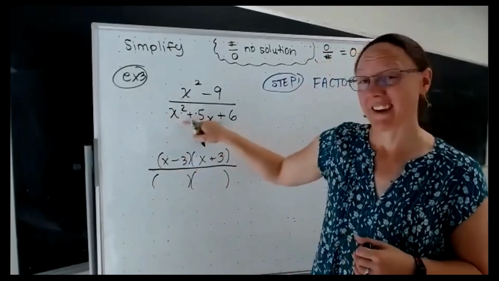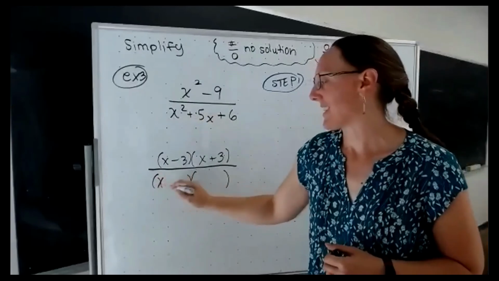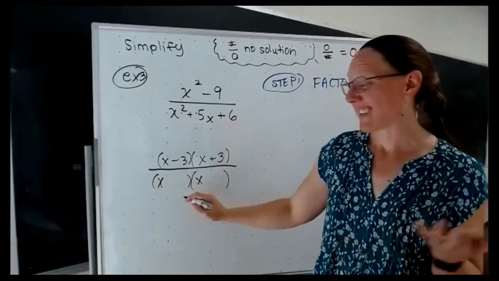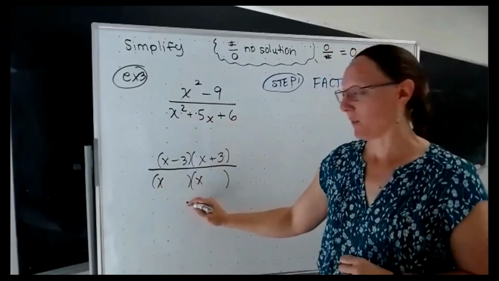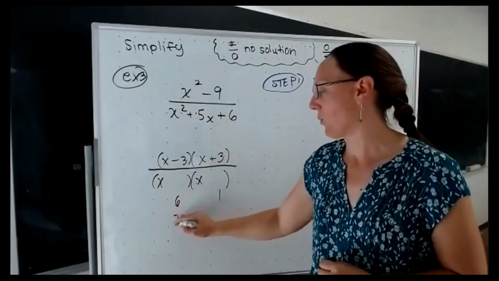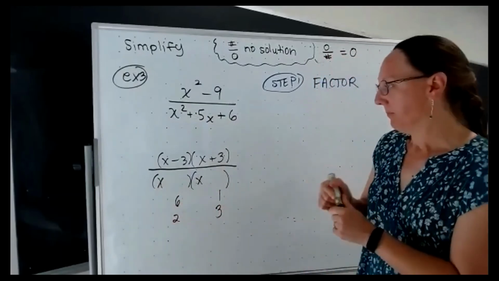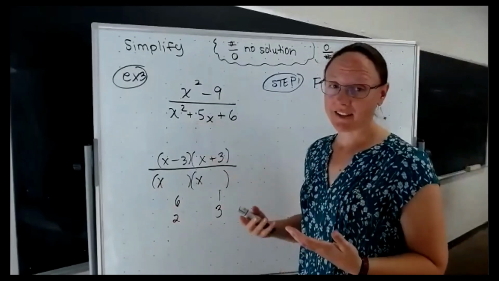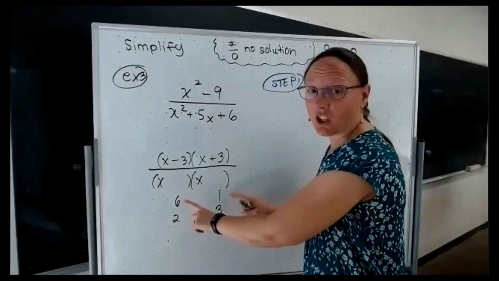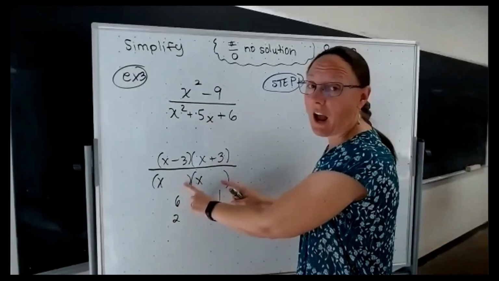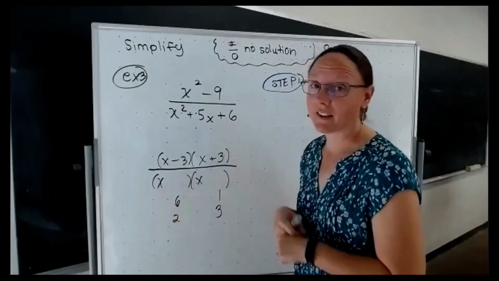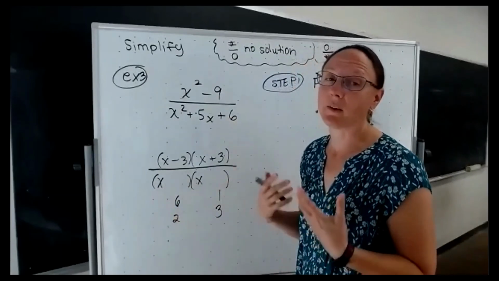I know that to get an x squared, I need an x and an x. And to get that 6, I have that same 2 choices we had in the previous example, 6 and 1 or 2 and 3. I'm trying to get a 5x. Well, if I put a 6 and a 1 in, I can use a 6x and a 1x to get a 5, but I would need one of them to be negative.